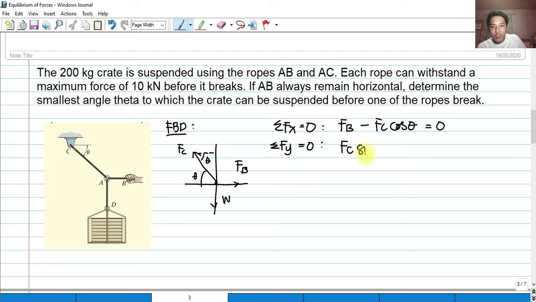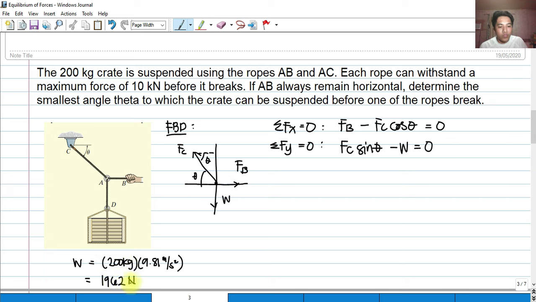So we have F sub C sine theta minus the weight, which is going downward. Let's first compute the weight. The weight of this crate is 200 kilograms times 9.81 meters per second squared, so the weight would be 1962 newtons.